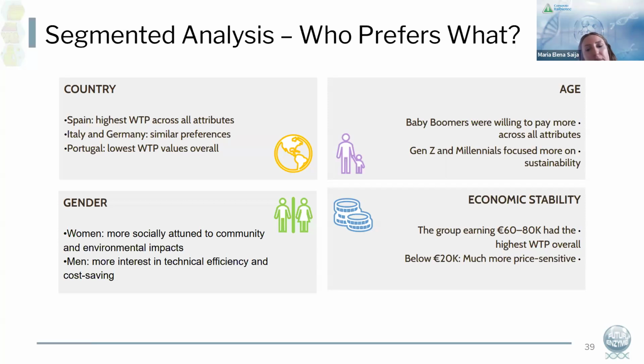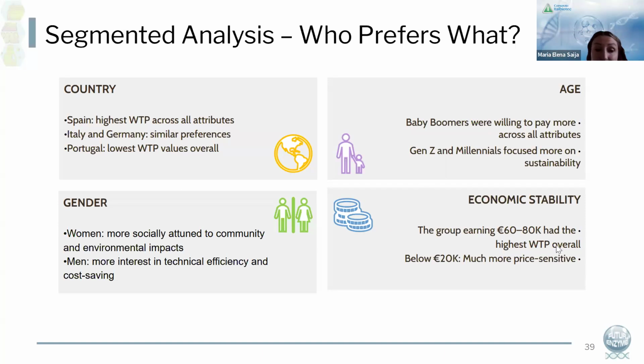However, this result can be related to the fact that baby boomers, or the older population, have greater financial stability and purchasing power. So, also for this reason, the income analysis clearly highlights that there is a positive correlation between higher income levels and willingness to pay.